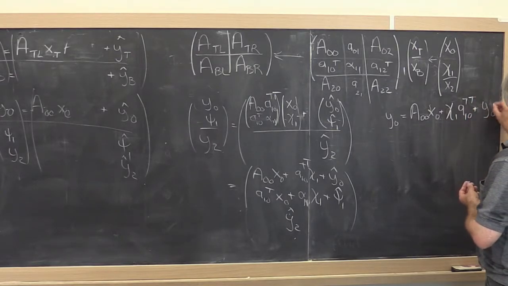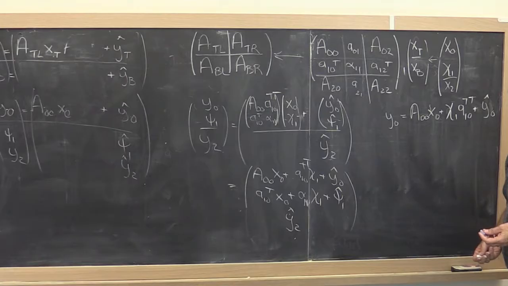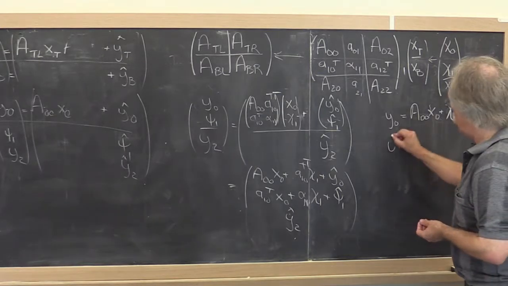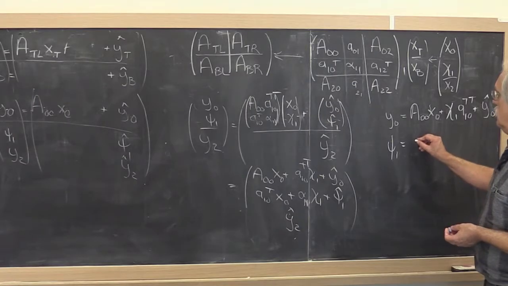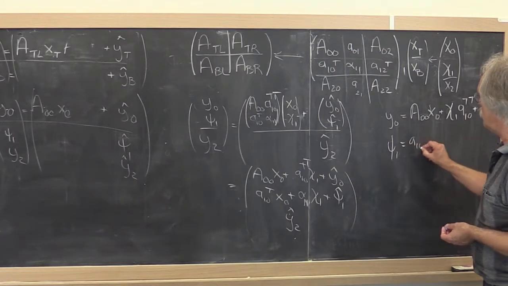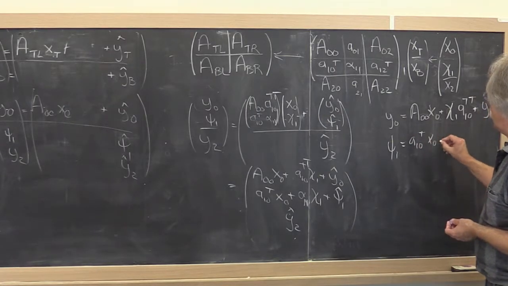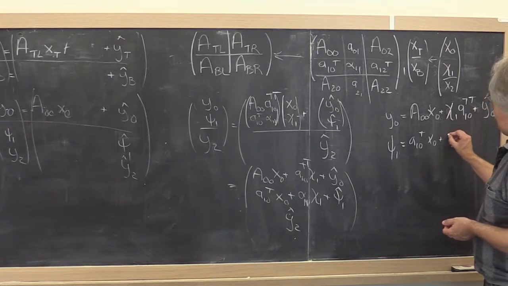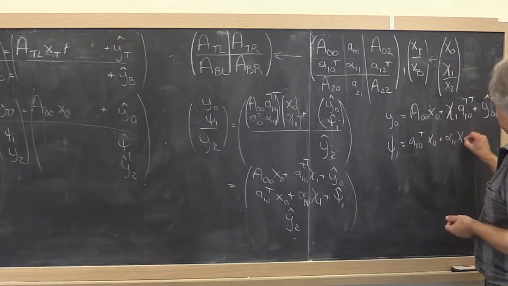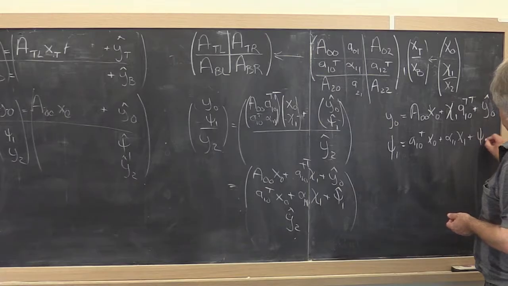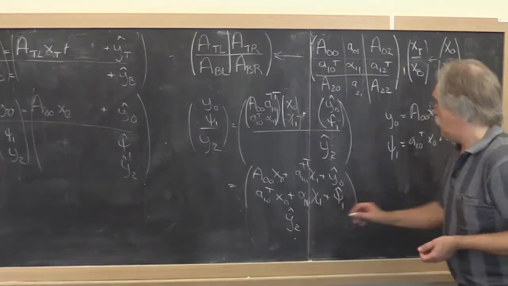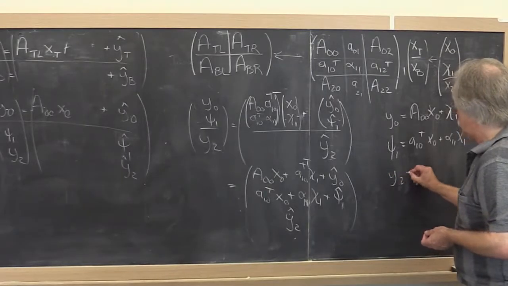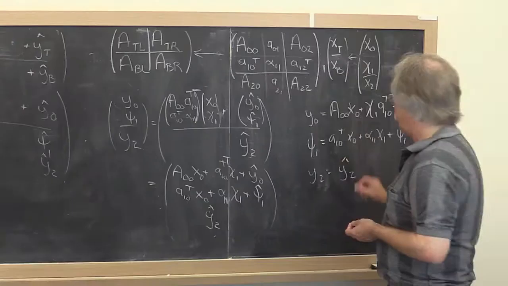Plus y0 hat. Okay? Psi 1 must be equal to a10 transpose x0 plus alpha 1 1 times chi 1 plus psi 1 hat. y2 must be equal to y2 hat.